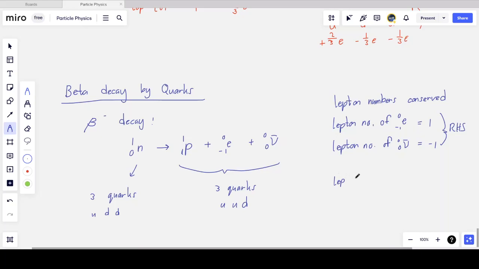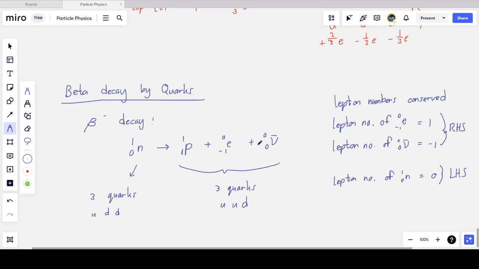And on the left-hand side, the lepton number of the neutron, well, it is a neutron. It is not a lepton. It's a hadron, and so it doesn't have a lepton number, 0. And so what I find is that the lepton number on the right-hand side is equal to the lepton number on the left-hand side. +1 and -1 gives me a total lepton number of 0, and the lepton number of the neutron is also 0.